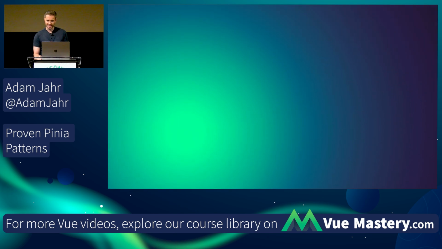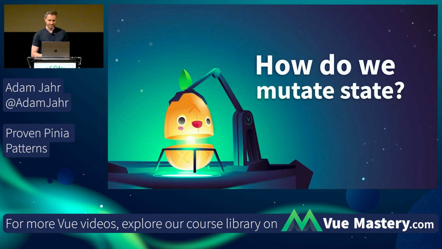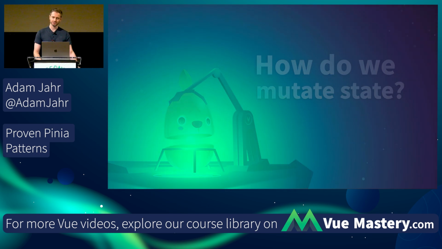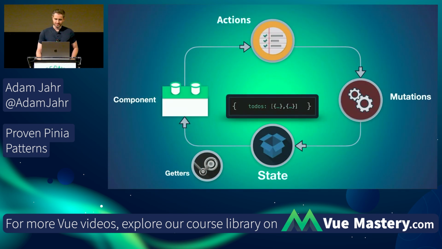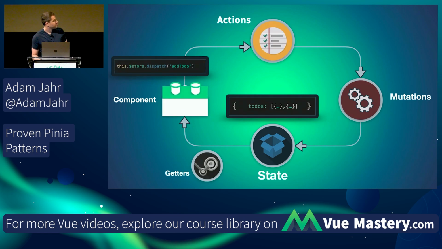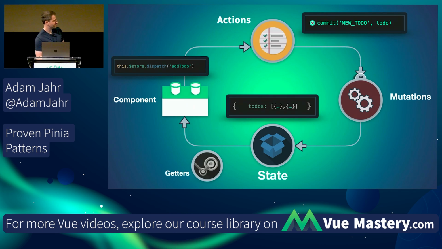All right, so beyond accessing state, let's look at how we can mutate state, because again, this is also less prescriptive in Pinia, and we have a couple options. So when we compare this and look back at how we used to do things in Vuex, from the component, we might dispatch an action, and that action would then commit our mutation, clicking us forward in time to that new state.